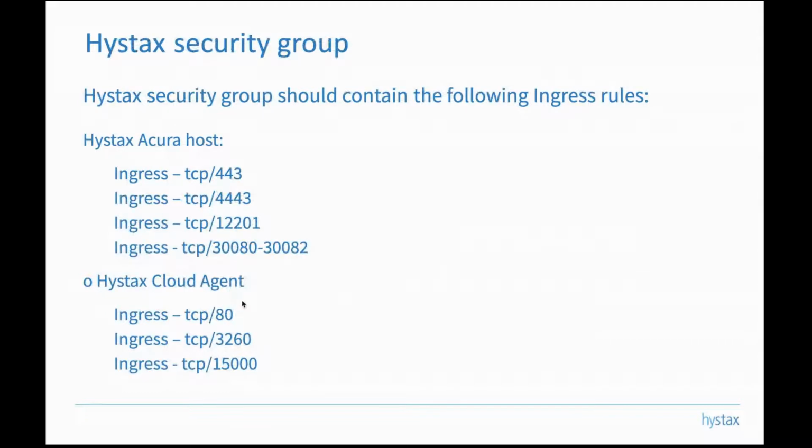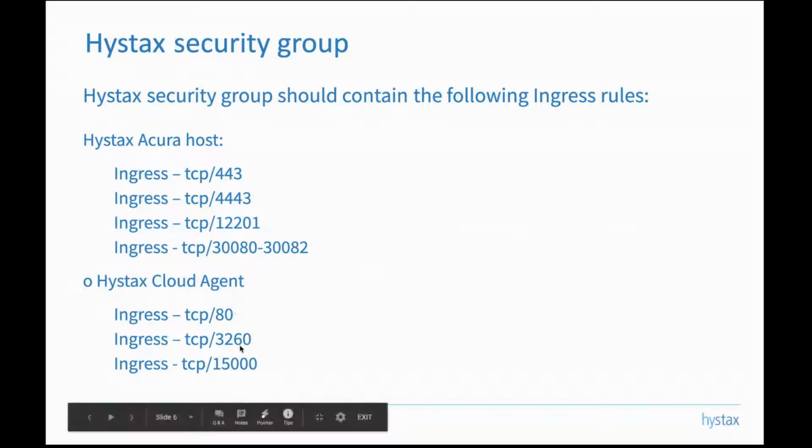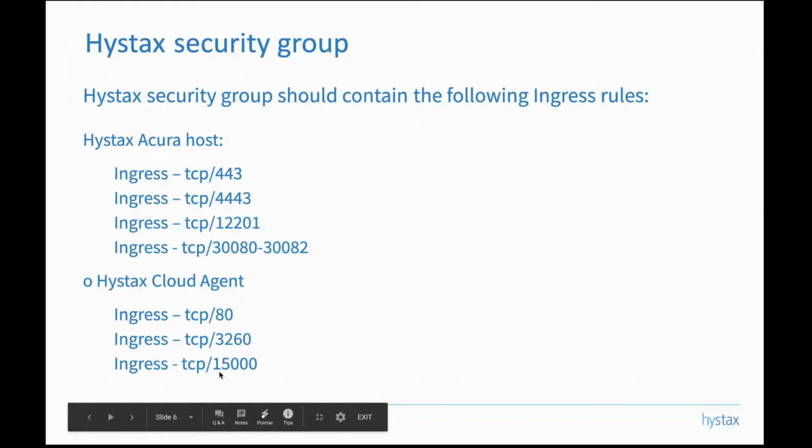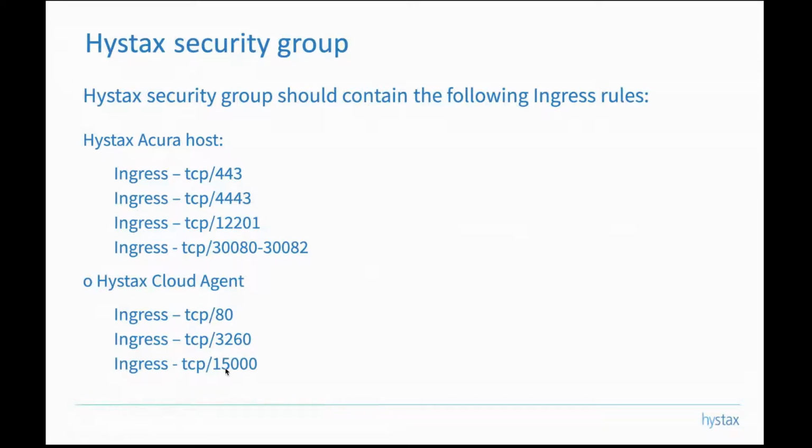As for the cloud agent itself, it requires three ports. Port 80 to get the data from Acra, port 3260, which is used for iSCSI to write the data to the storage, and port 15000, which is used to update the cloud agent.